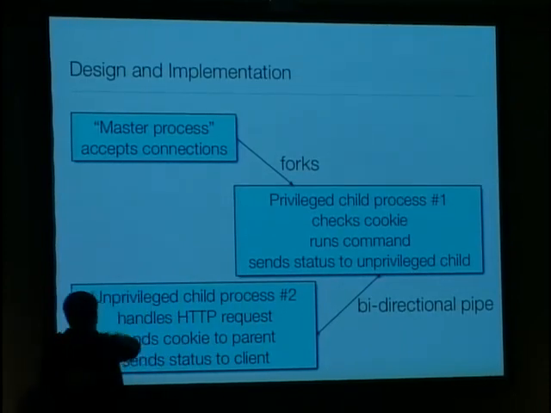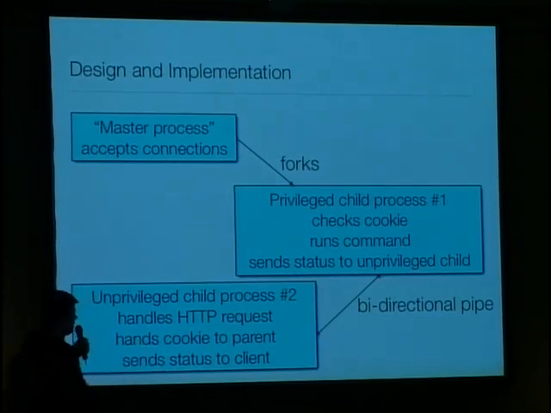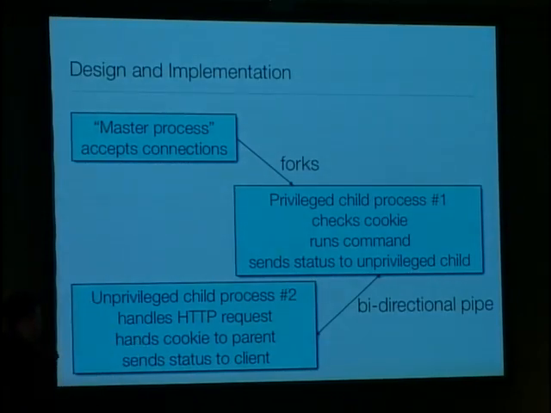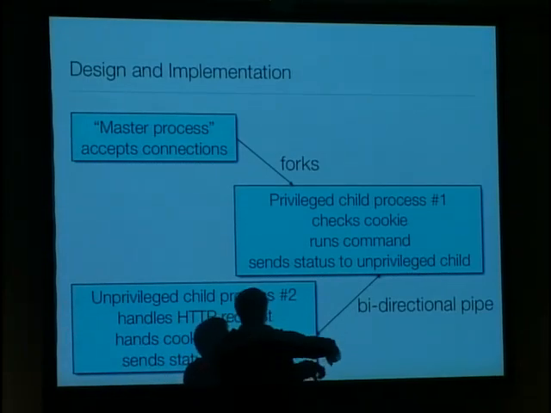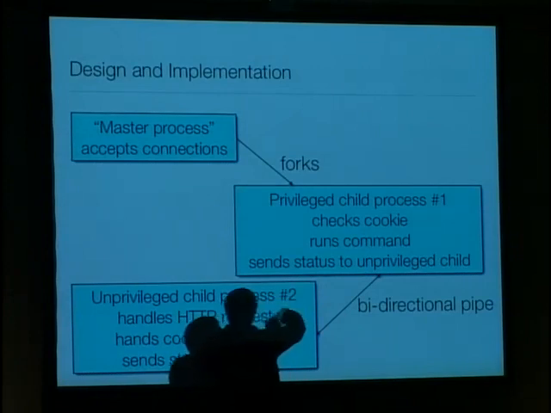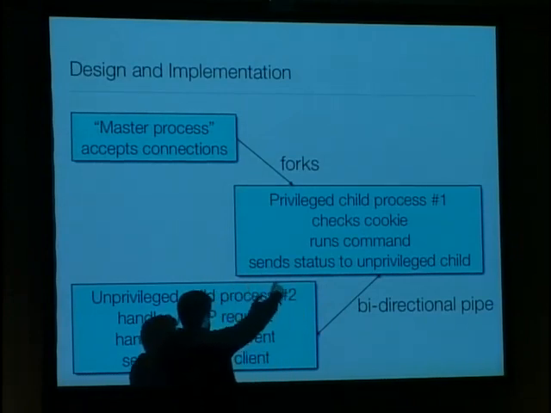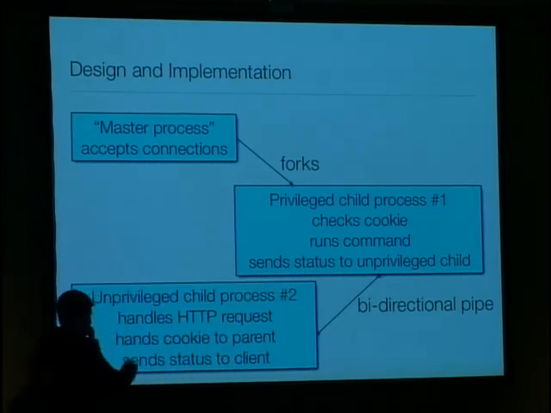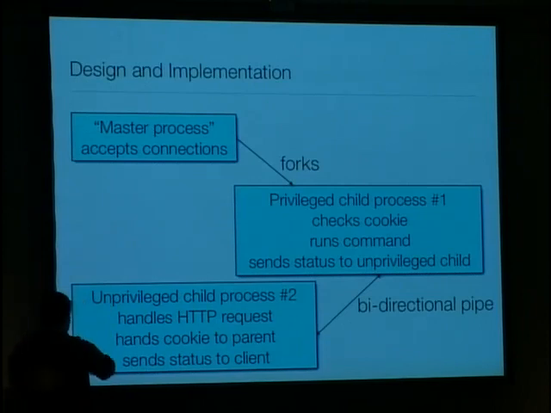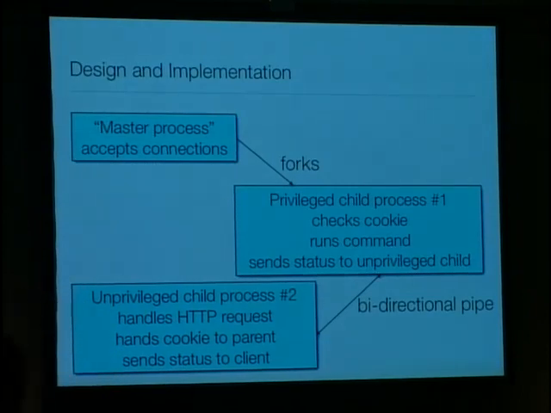And this child process drops the privileges, receives the HTTP request, hands the cookie to the parent via the pipe, the parent, this child process, then checks the cookie, runs the command if the cookie was okay, and sends the status back. And the unprivileged child then sends it back to the client.